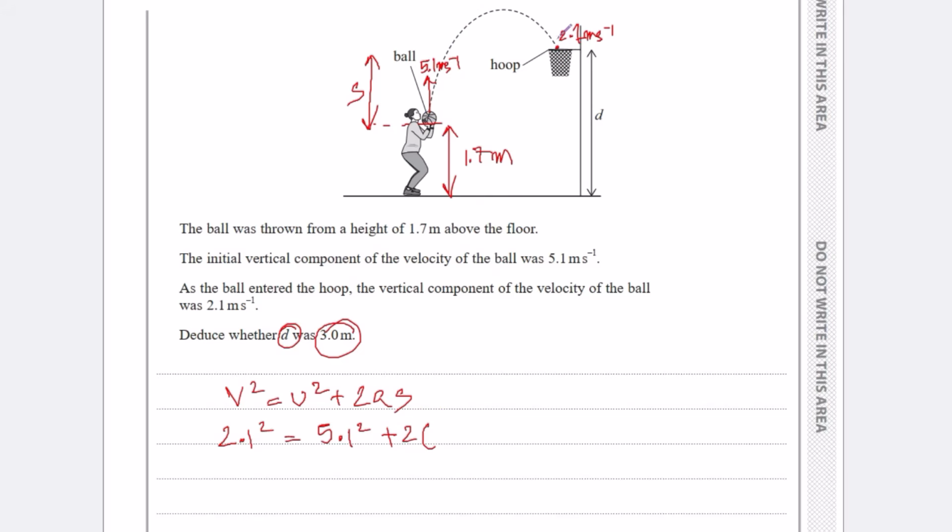And you know in double motion the acceleration is minus 9.81 times S. Therefore S equals 1.1 meter.